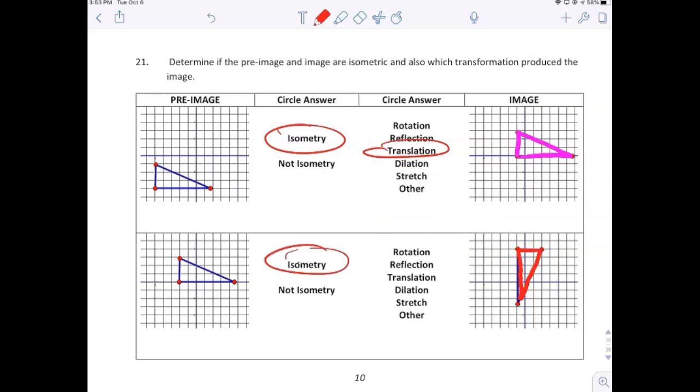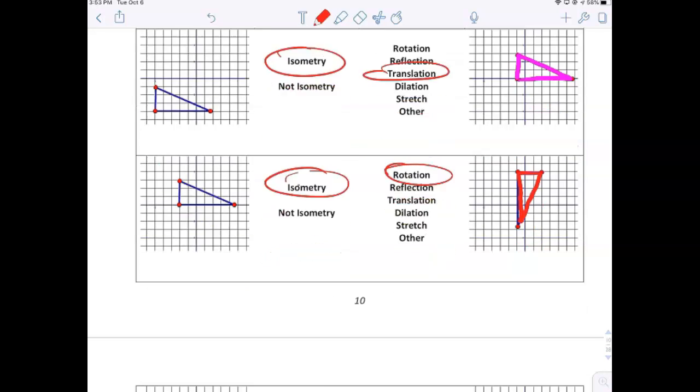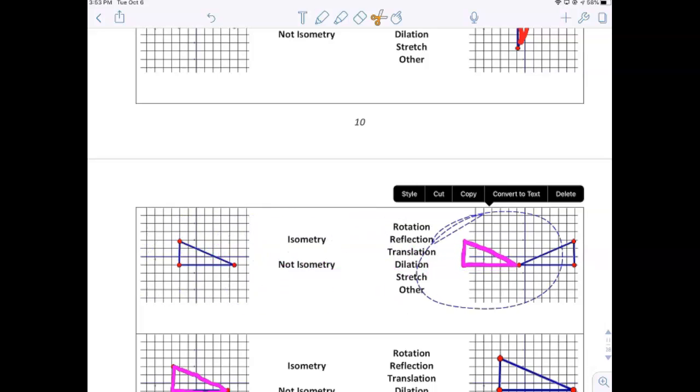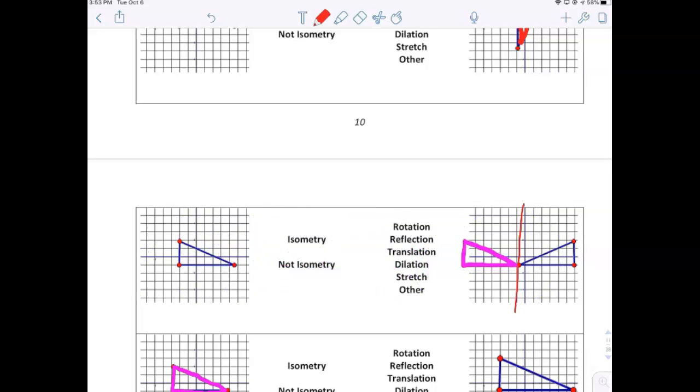That's also a rigid motion or an isometry. Rotations are rigid. You don't change size or shape. This one here, I can't really show it with this iPad, but if I got it right next to it, you might be able to tell that I could fold it right over that line, and that is a reflection. Because I didn't change size or shape, it is a rigid motion.